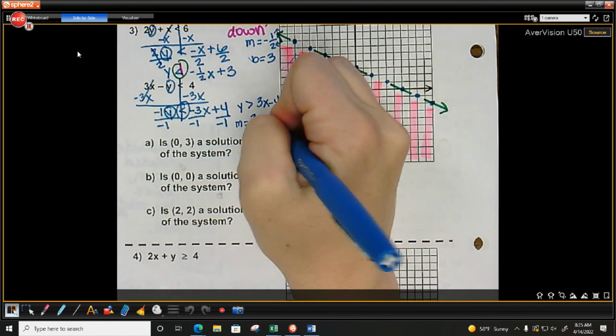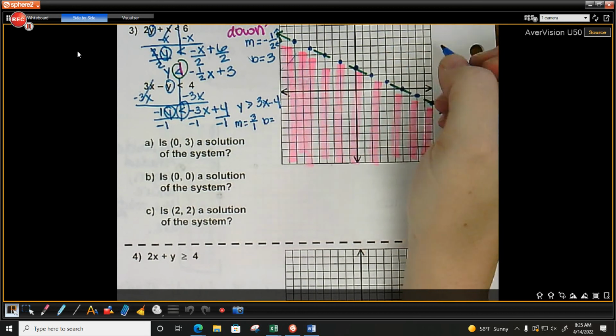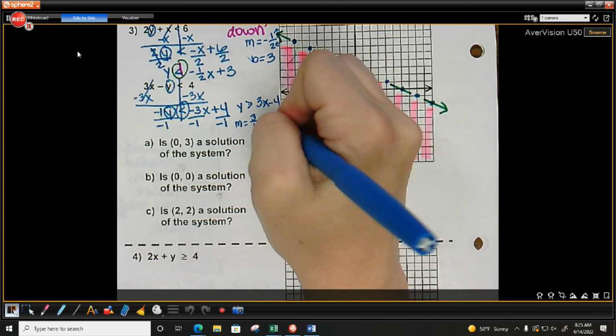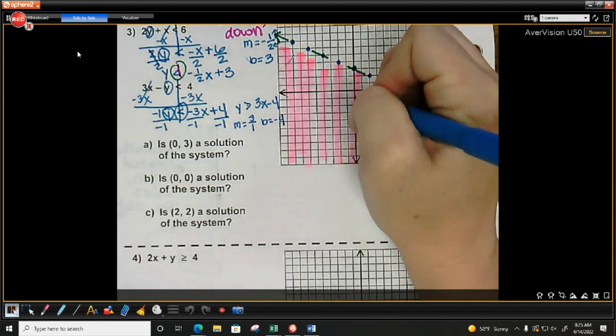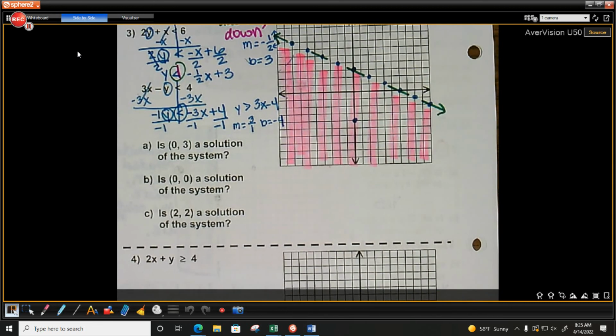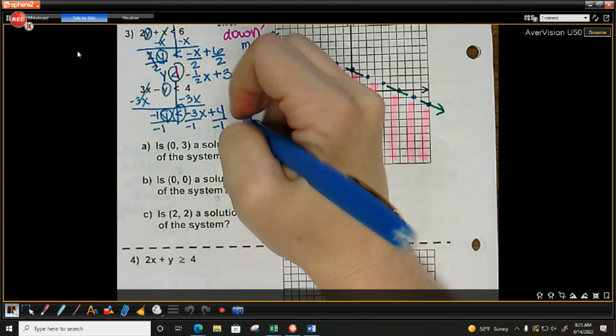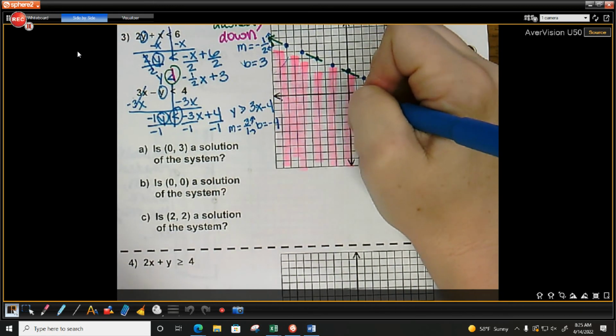So where am I going to begin, Marissa? You're going to start on the y-axis at negative 4. Great job. How am I going to move, Peyton? Up 3, right 1. Very good. Up 3, right 1. Opposite of up to the right, down to the left.